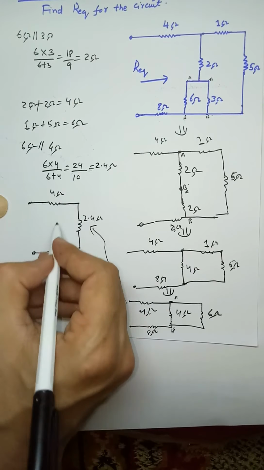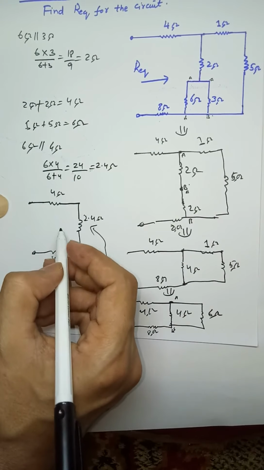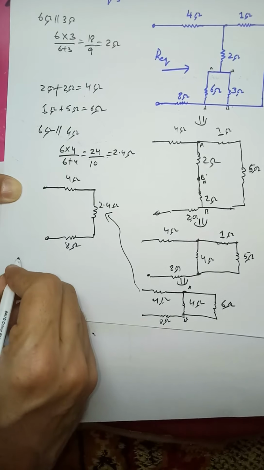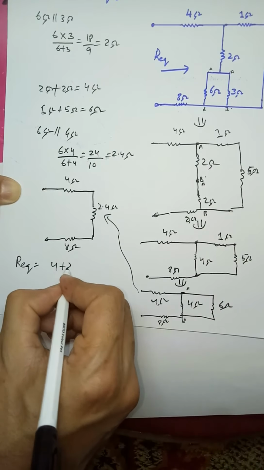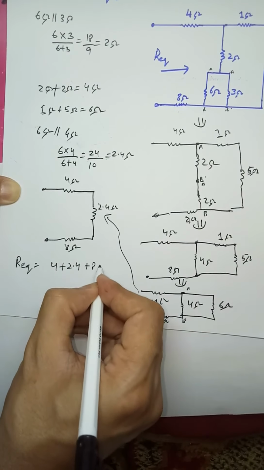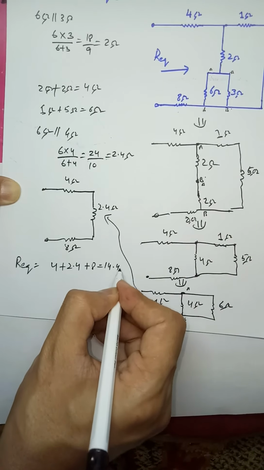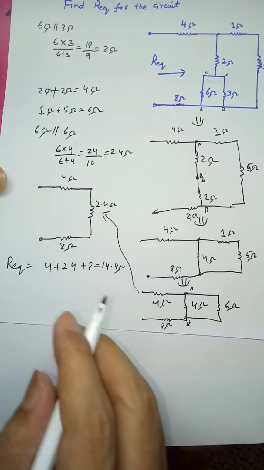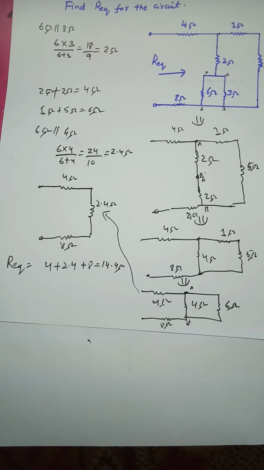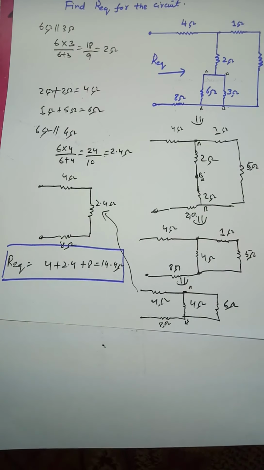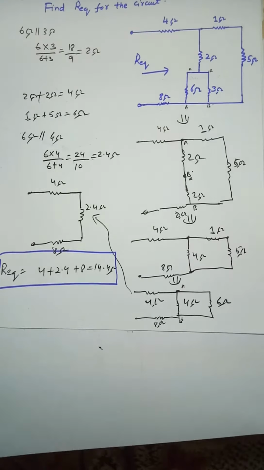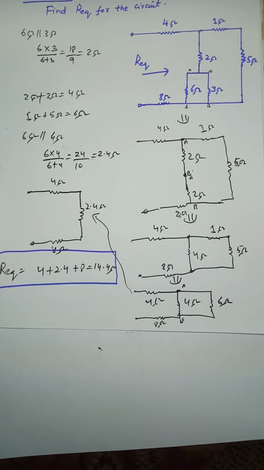Now you can see that all these resistors are connected in series, so you can simply sum up and you can find R equivalent. 4 plus 2.4 plus 8 equal to 14.4 ohm. So this is our R equivalent resistance for the given circuit. Now you can easily solve any combination of resistors that are connected in parallel or in series.